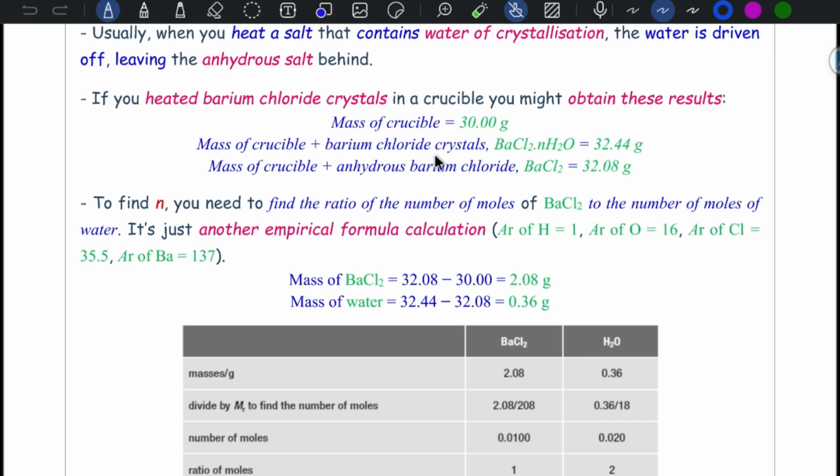And subtracting this one minus the empty crucible gives the mass of anhydrous salt. So to find the n, find the ratio of the number of moles of barium chloride to the number of moles of water. It's considered another empirical formula calculation. Mass of barium chloride, as I told you, 32.08 minus 30, is 2.08. Mass of water, 32.44 minus 32.08, gives 0.36.